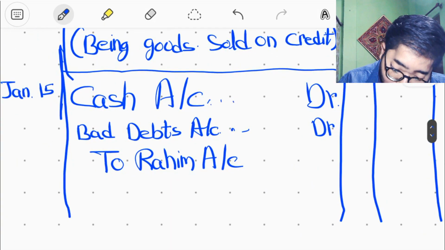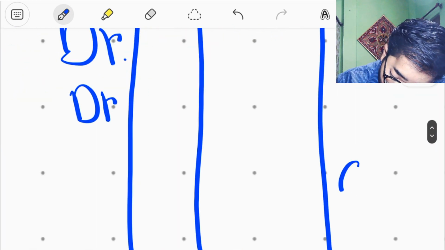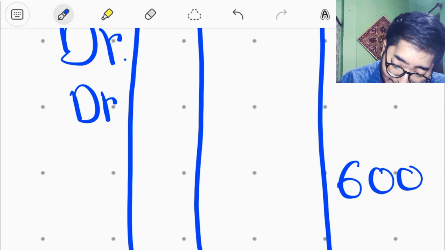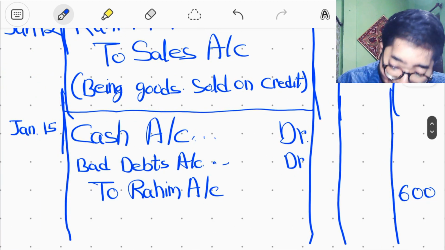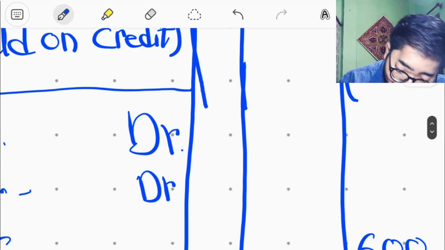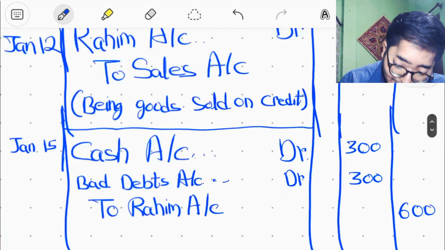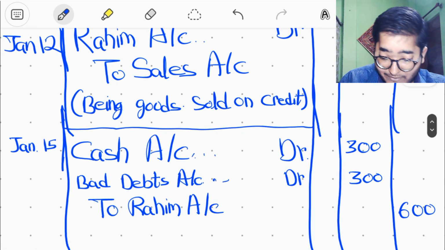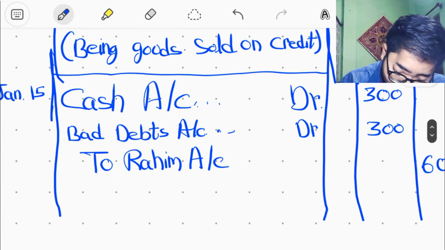How much amount? 600. 600 was the amount in Rahim's account. That is why 600. 50% is received in cash and 50% is bad debt. That is why 300 here in the debit side. So cash account debit 300, bad debts account debit 300, to Rahim account 600.